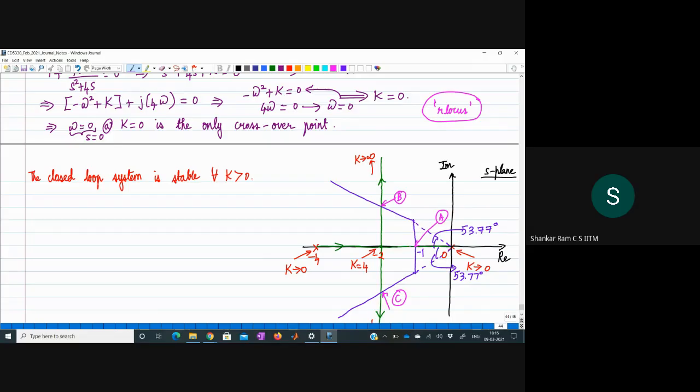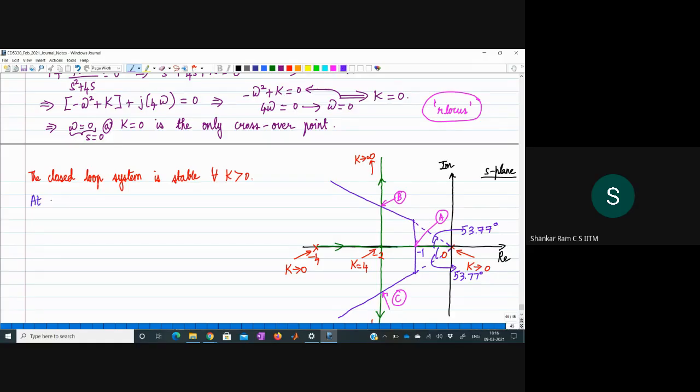From that instance onwards, for all subsequent values of k, till I hit the points B and C on the slant line, I am going to have both branches of the root locus in the performance feasible region, or the feasible region of closed loop poles corresponding to performance requirements. So those are the things that we need to look at. I hope my argument is clear.